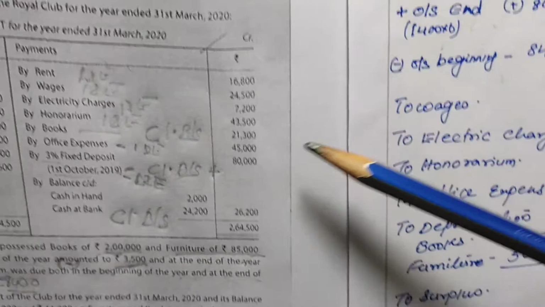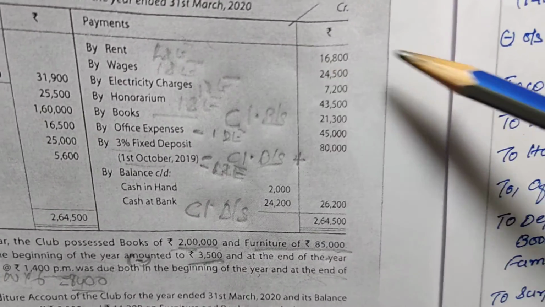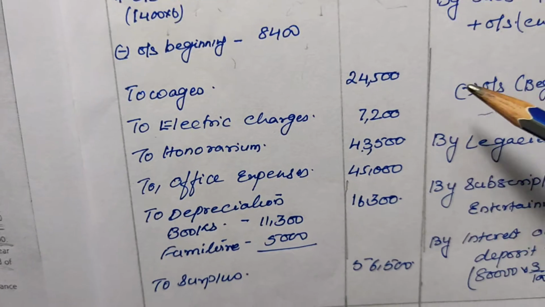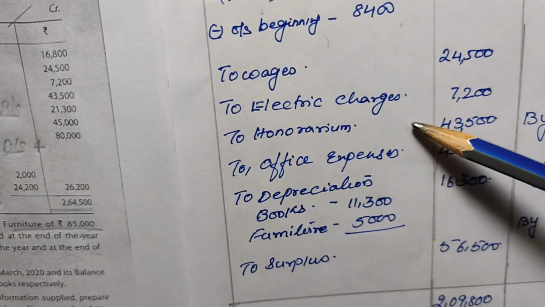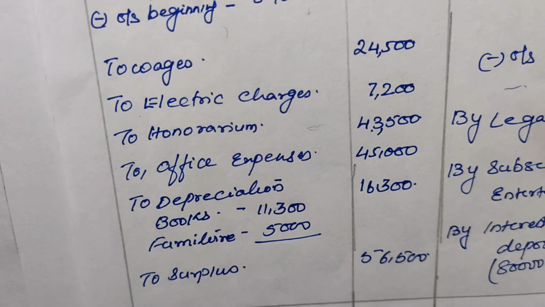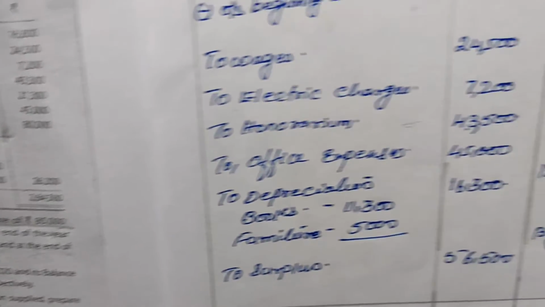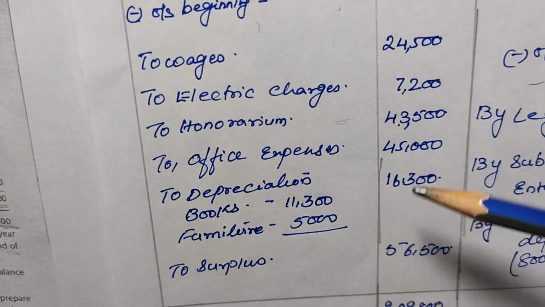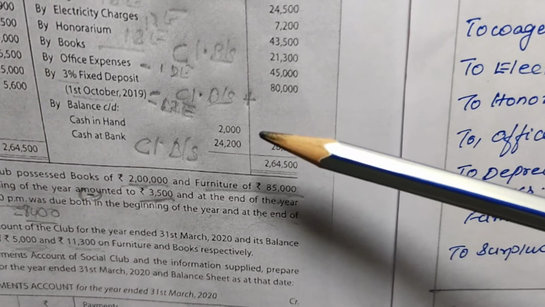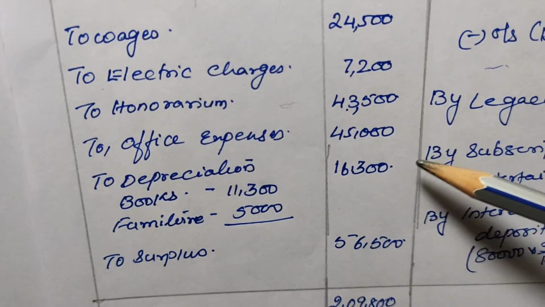For wages, since no adjustment is given, as it is we will transfer it to the expenditure side. In the same way, electricity charges, no adjustment is given, we will transfer it as it is. Honorarium, also no adjustment is given, we have transferred it here. Office expenses, also no adjustment is given, 45,000 we have written.